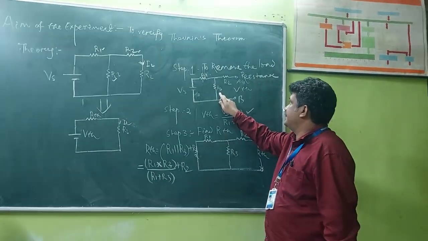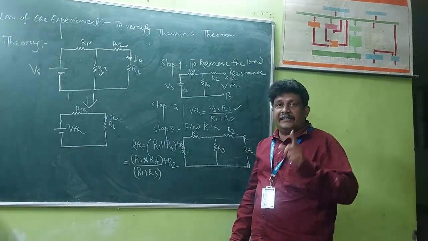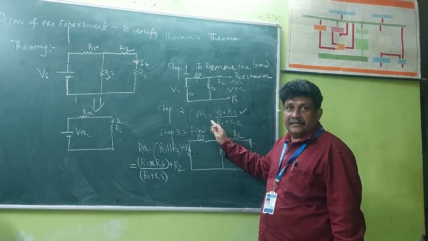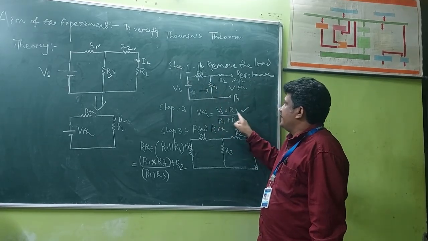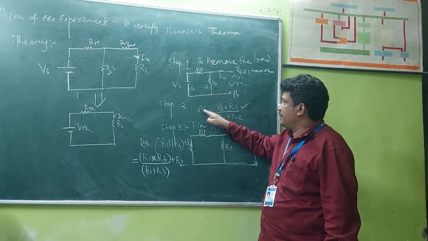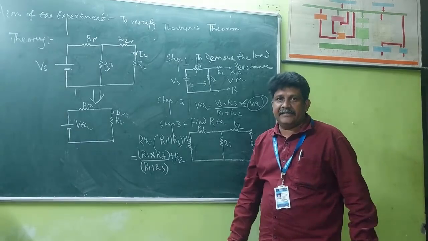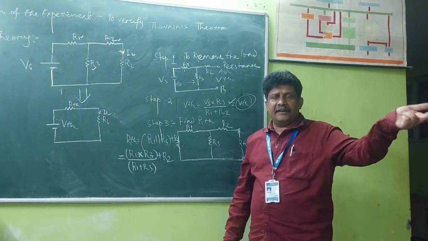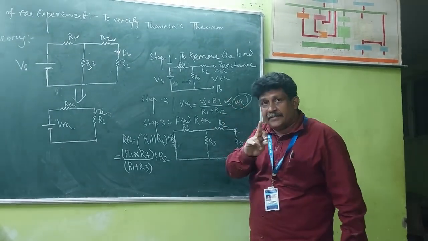To find VTH we use the voltage division method: Vs times R3 divided by R1 plus R2. By this we get the value of VTH. This is the theoretical representation. We will see in the advanced network theorem trainer how it happens. What will be our next step?